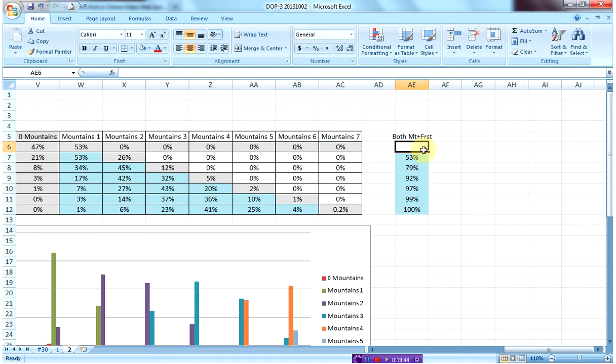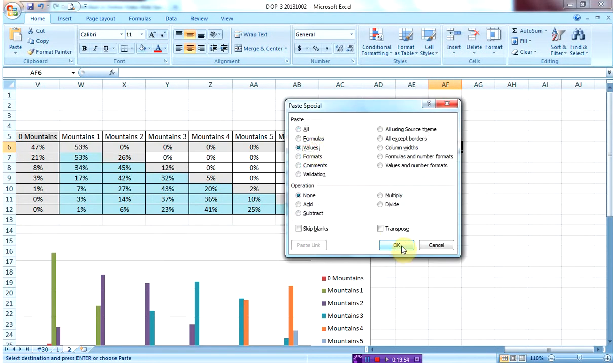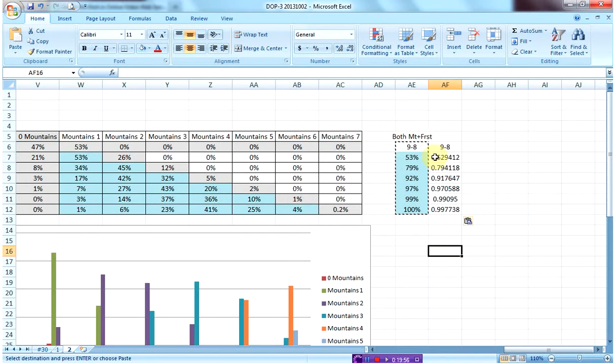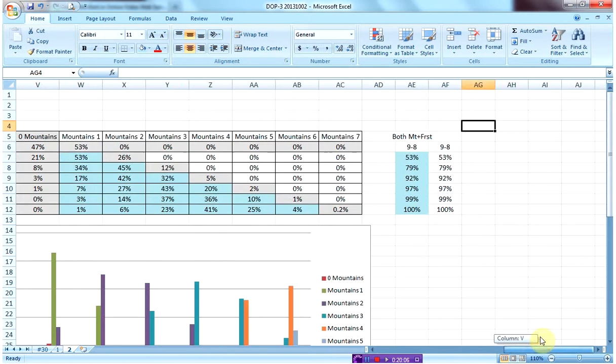Okay, this was for a 9-8 split. Let's go ahead and copy those values. Say we're a red heavy deck, and we're more concerned with mountains.